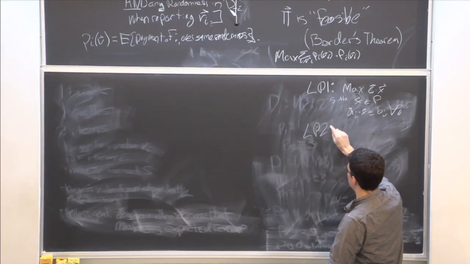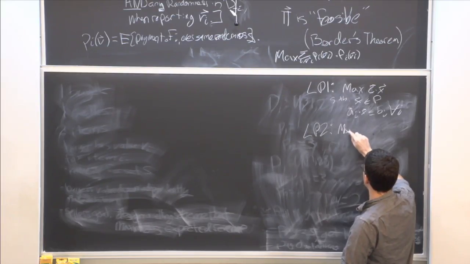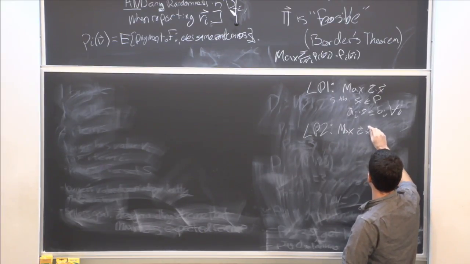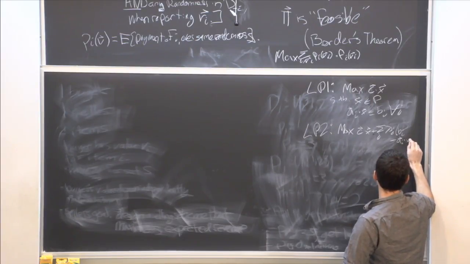And I look at a different LP, which is max c dot x plus the sum over i of lambda_i times (b_i minus a_i dot x).